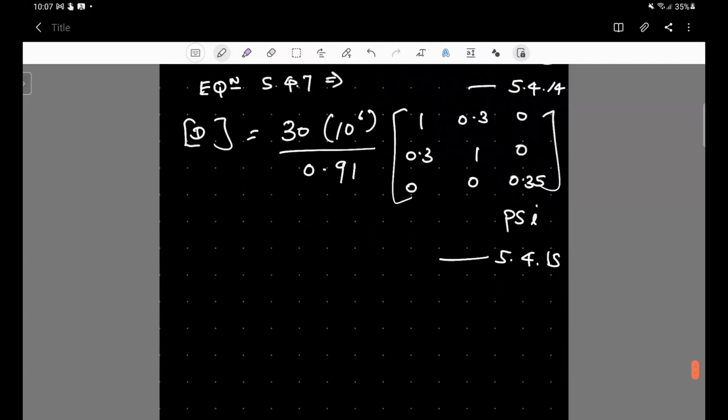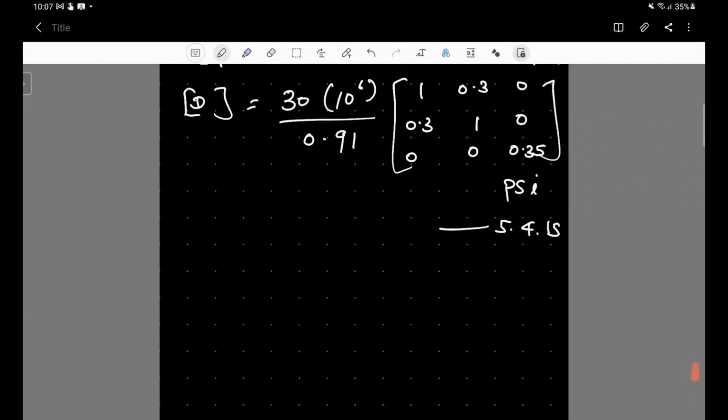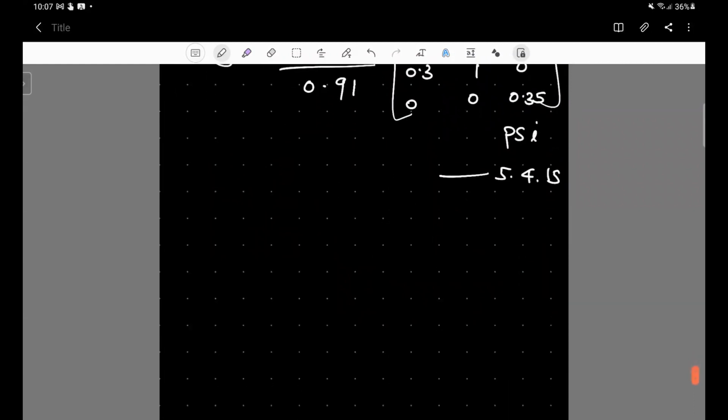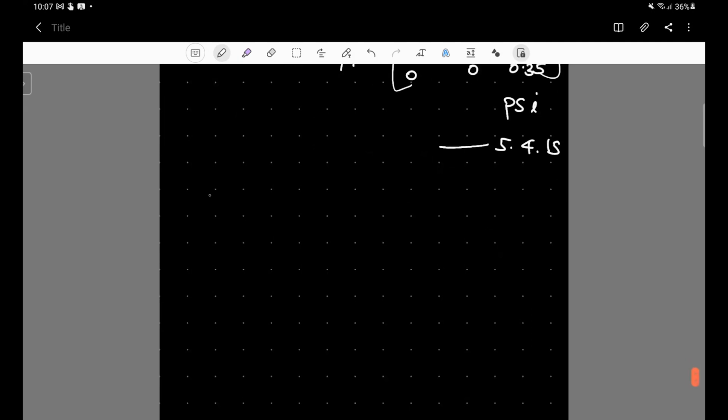Once you obtain the D matrix, you can take the transpose of the B matrix and multiply it by D like we did in the previous equation. You can do it on your own and try to verify with the supporting material which I have uploaded. So you can refer to equation 5.4.16 maybe in the supporting material which I will be uploading.